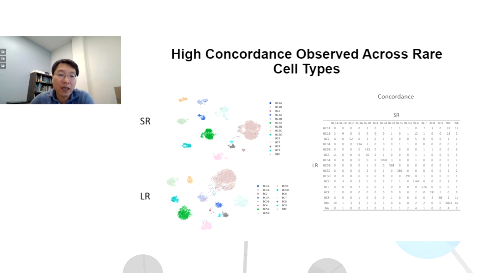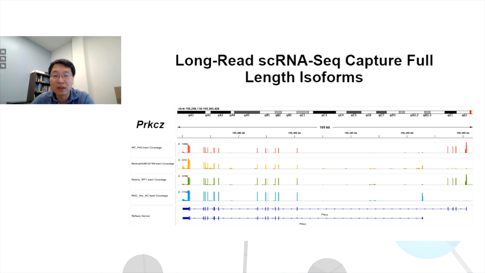When we use high resolution to perform the cluster analysis, both data sets can identify all 15 types, and you can see the concordance here is also very high. So it's not only class level, which is much easier to identify, but also at the cell type level. So now we advance to the second step, which is looking at isoforms.